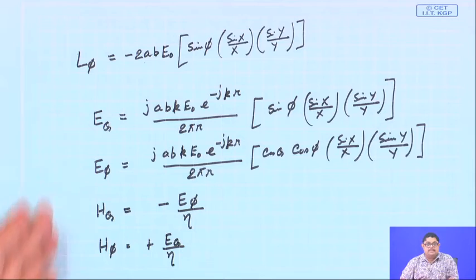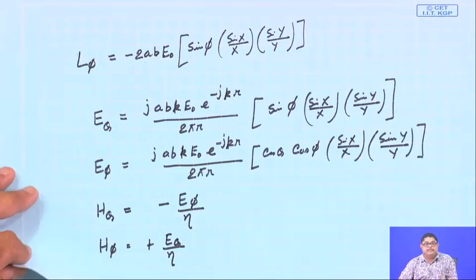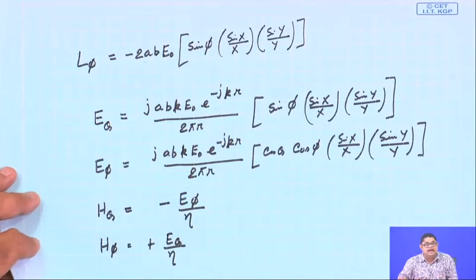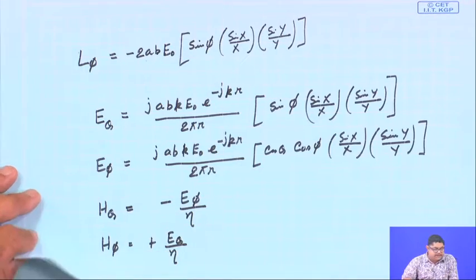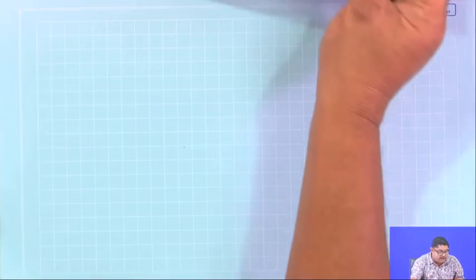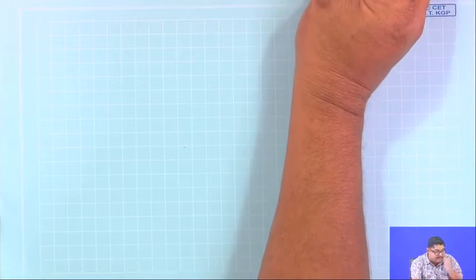So we have found easily, from the analysis we have done, the far fields. The far field has E theta, E phi components and H theta, H phi components, and we can now find the radiation patterns.